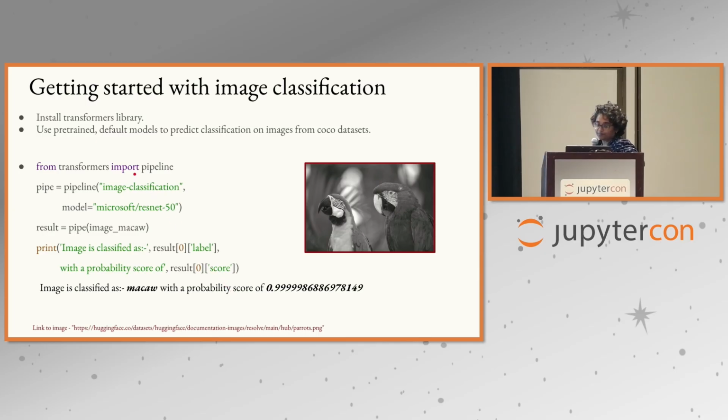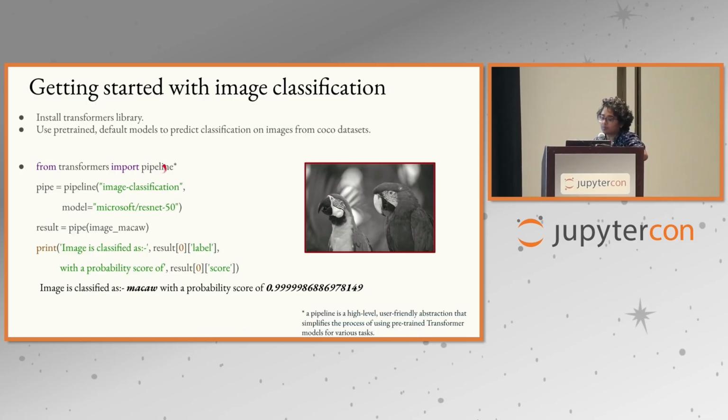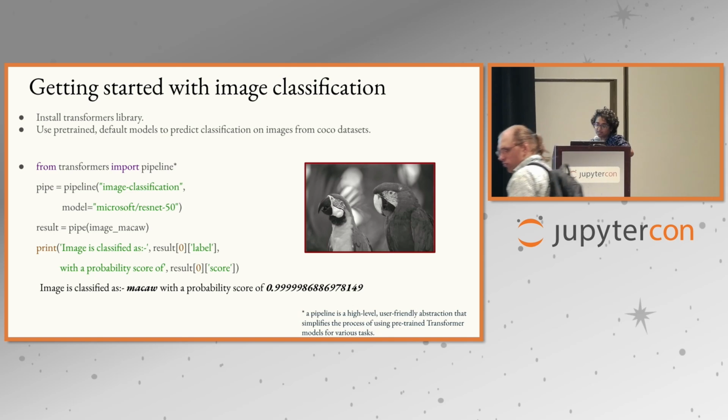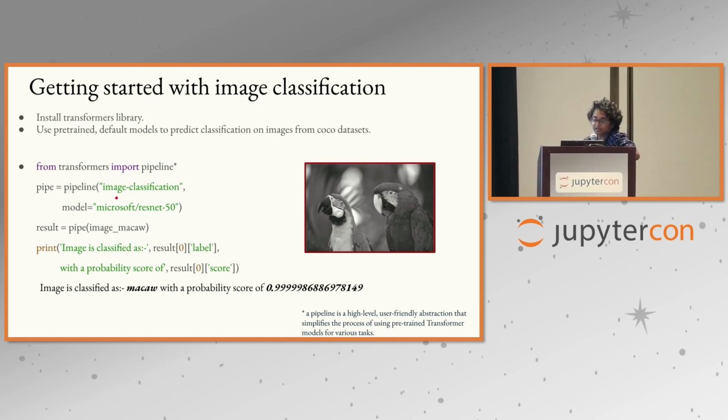So you basically import from transformers this abstraction, which is called a pipeline. It is a user-friendly abstraction that allows you to use a pre-trained model on an image that you have just taken from the web. The main thing is you have to create this pipeline.